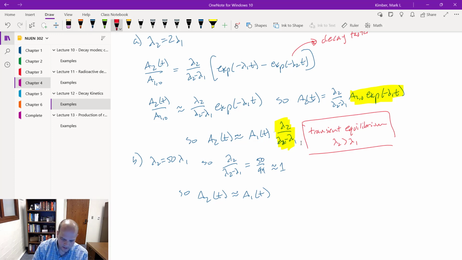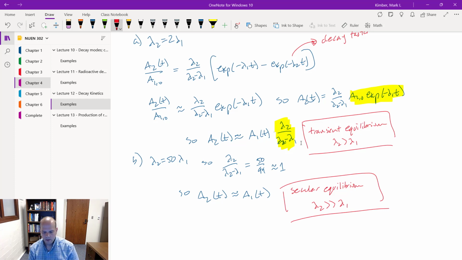And this is called secular equilibrium. And that's going to occur when lambda 2 is much greater than lambda 1. These are two conditions that we'll explore with some software here in just a minute.